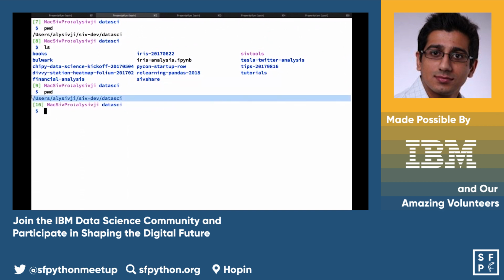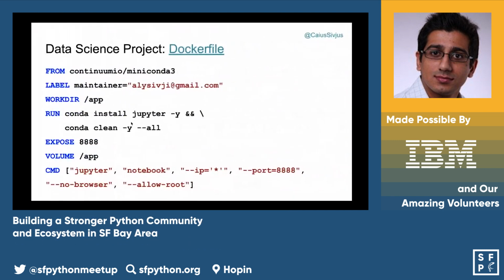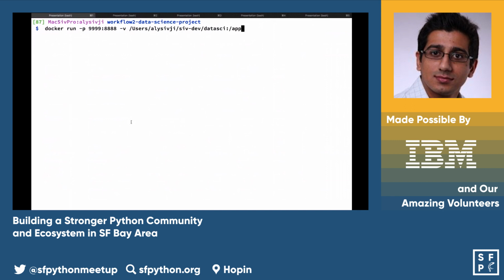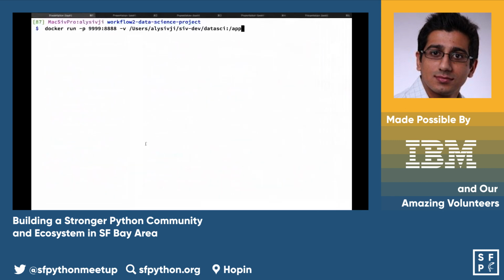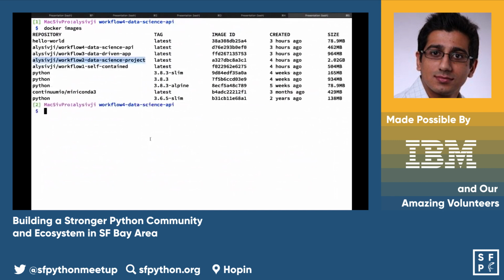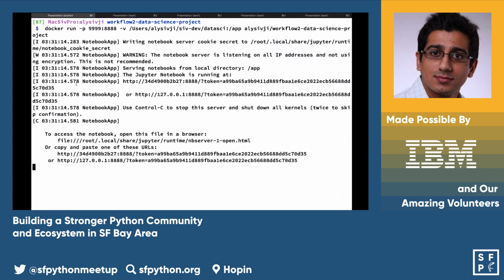So just a folder on my computer. And then I want to mount this to /app. And notice this is why it's good to be explicit. I forgot from like 10 seconds ago. And then we can copy in our image name and hit enter to load up that process inside of that container.